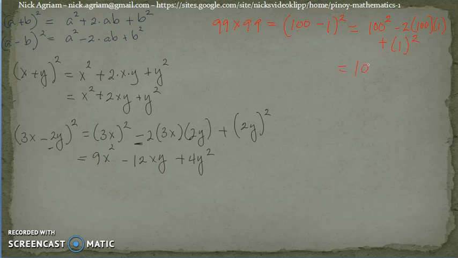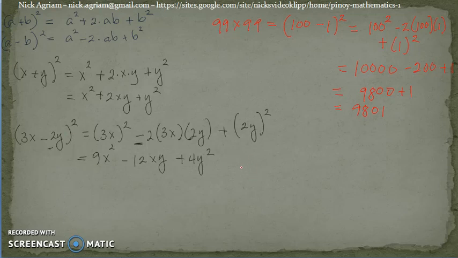Then we have 100 by 100 is 10,000 minus 200 plus 1. Then we have 9,800 plus 1. Then we have 9,801.